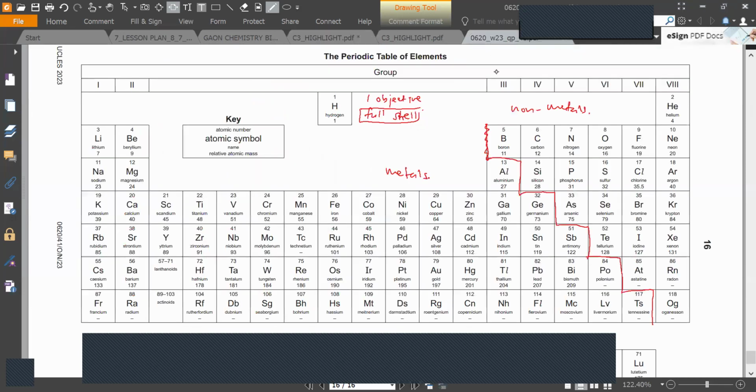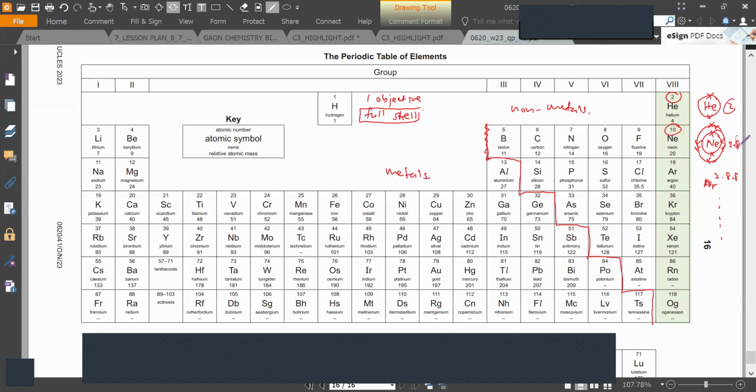We can look at the example here. If we look at group 8, they are all full shell. Helium has 2 electrons, full shell. Neon is 2, 8, full shell. Argon is 2, 8, 8, and so on.